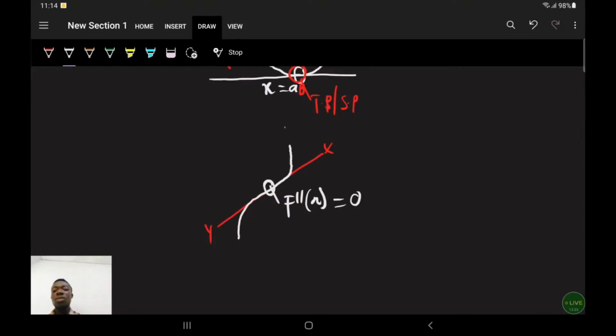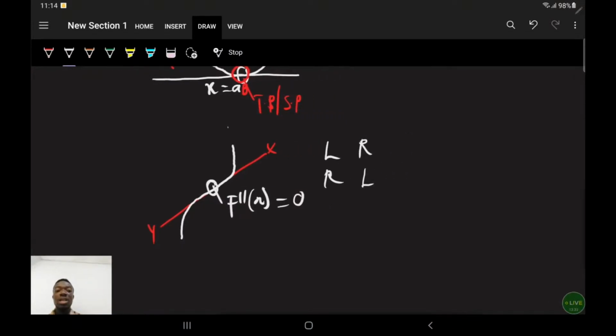And when it comes to an inflection curve, whether you move from left to right or right to left, the signs remain the same. From left to right, you're going to have positive positive, or you're going to have negative negative. You won't have one point from left to right be positive and the other negative.